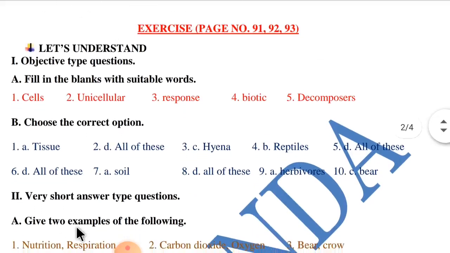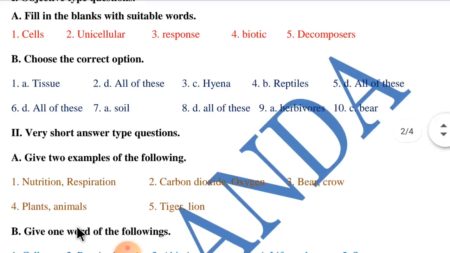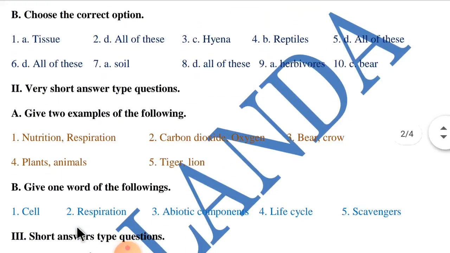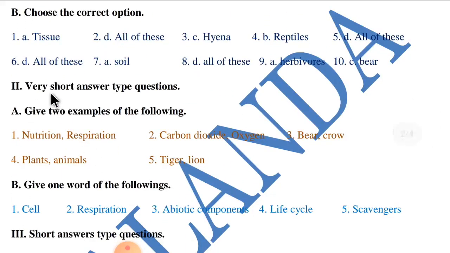Now let's see the very short answer type questions. In question A, give two examples of the following. The first one is life process in living things. We need nutrition and respiration as life processes.